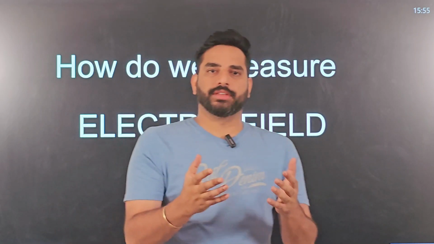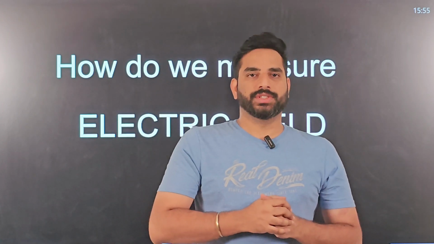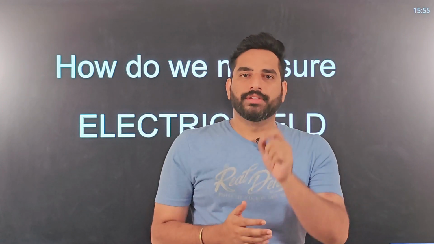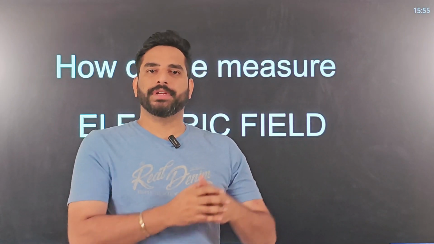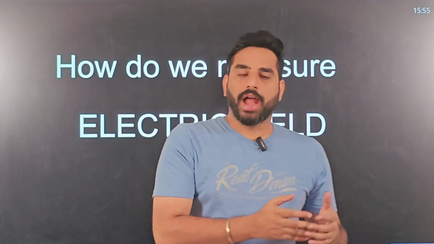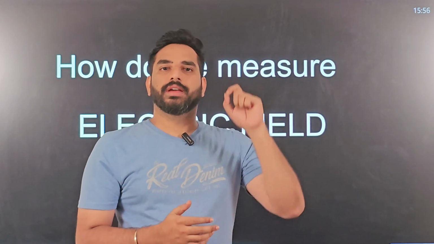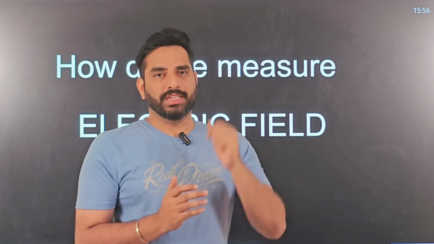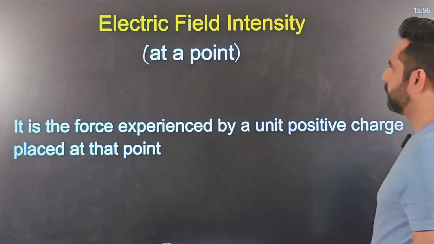Just like in mechanics, we have velocity vector and speed scalar, two physical quantities which have their own definitions in order to describe how fast a particle is moving. Similarly, we have electric field intensity vector and electric potential scalar to measure the effect that a charge creates in its surrounding. Let us first talk about the electric field intensity vector.